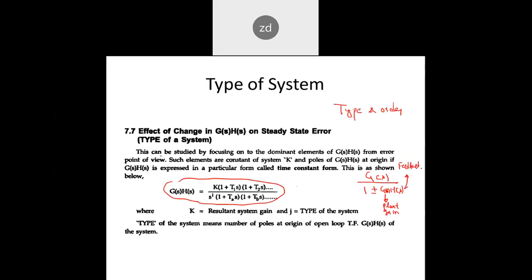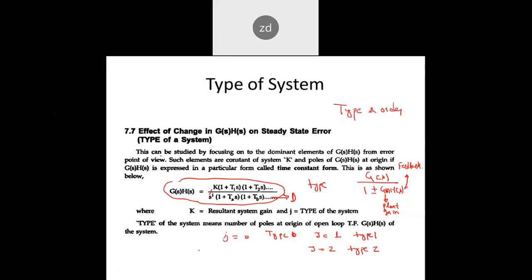One important factor you will notice is that if you are writing any system in this format, the power of S, which is separated from these polynomials in the denominator especially, will tell you the type of the system. If this J is 0, then it is type 0. If J is 1, type 1. Similarly, if J is equal to 2, then this is type 2.